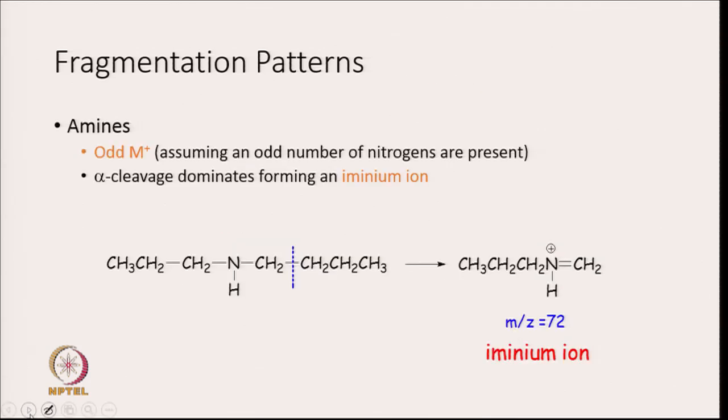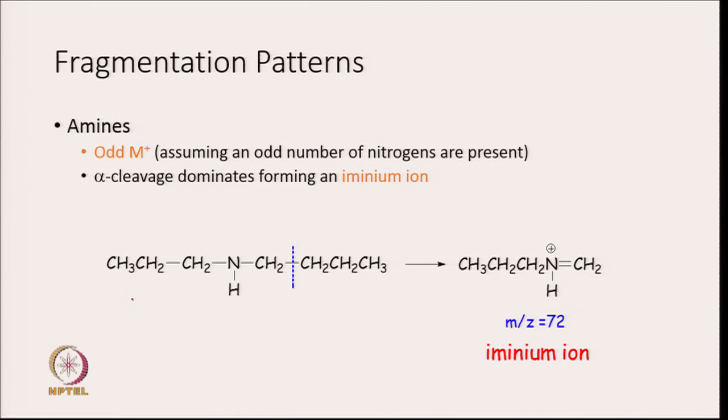For amines, if there is an odd number of nitrogen, then you will get an M plus peak which is odd. Again here alpha cleavage will dominate, since alpha cleavage gives you an iminium ion in which the plus charge is resonance stabilized.